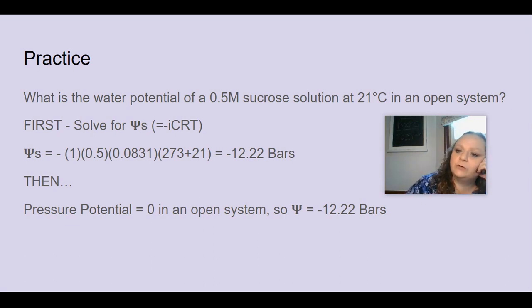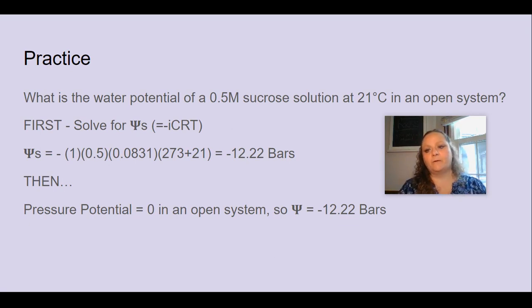Then we're going to use this constant, that R figure, 0.0831. It's going to be that no matter what you're looking at. That is your constant. Times temperature in Kelvin, so 273 plus 21. If we multiply all that out, make it negative, we're actually going to end up with negative 12.22 bars.